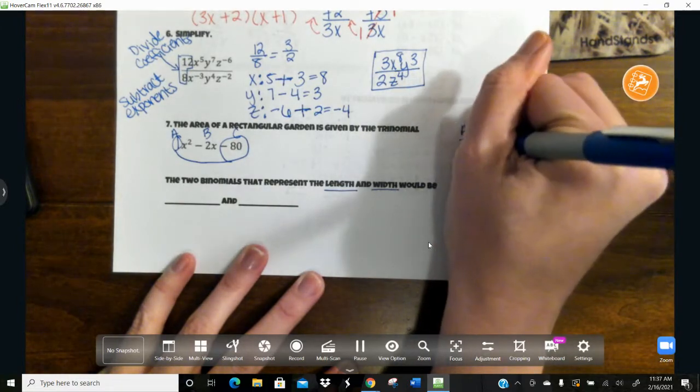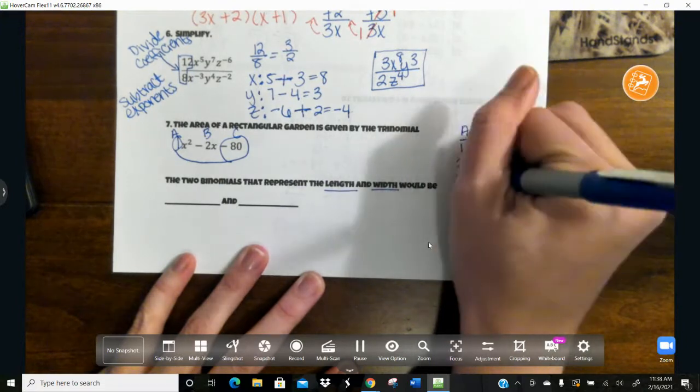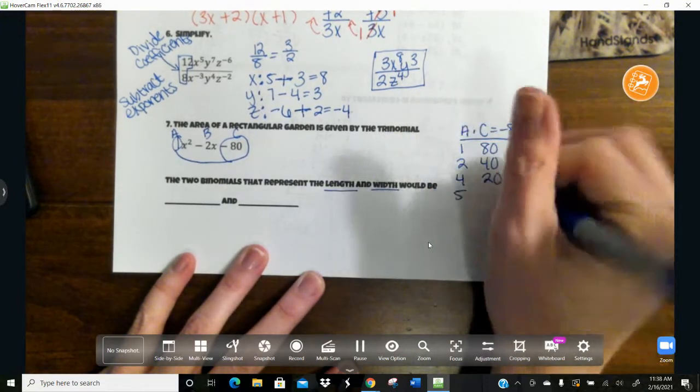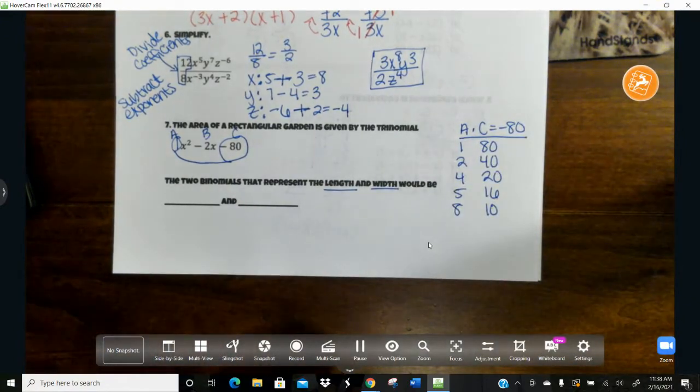So we're going to have 1 and 80, 2 and 40, 4 and 20, 5 and 16, 8 and 10.